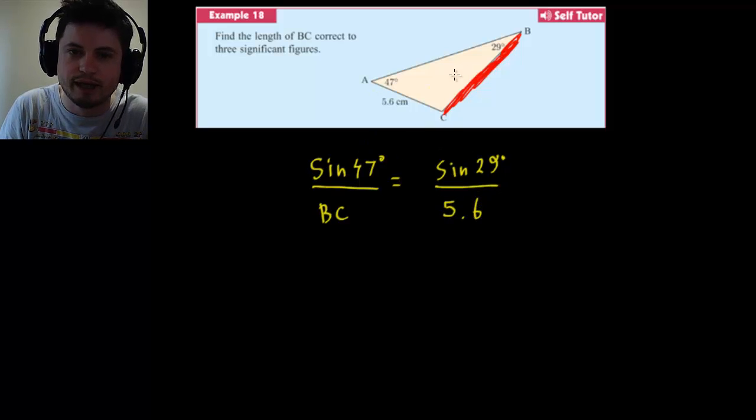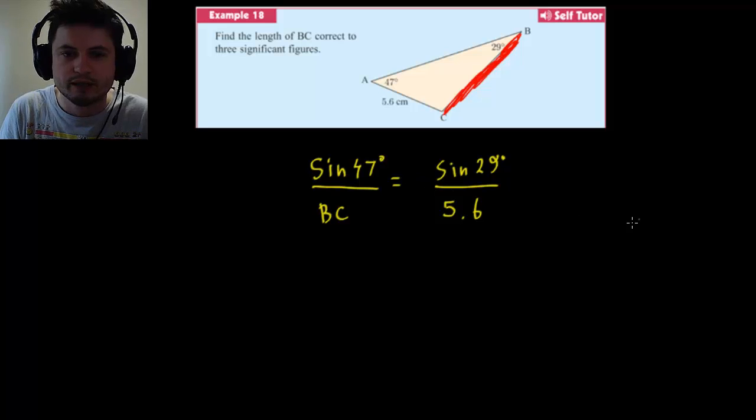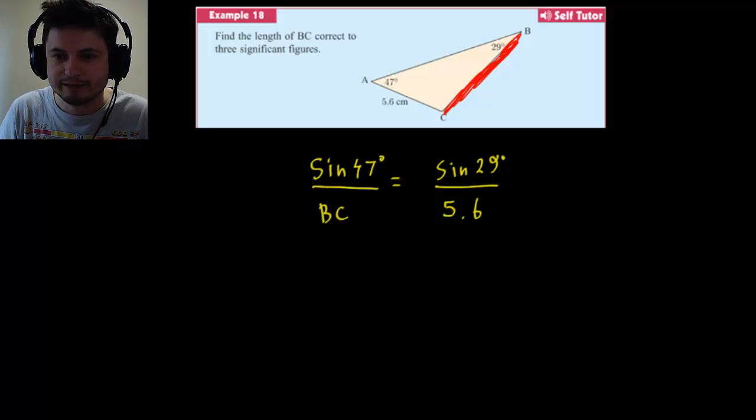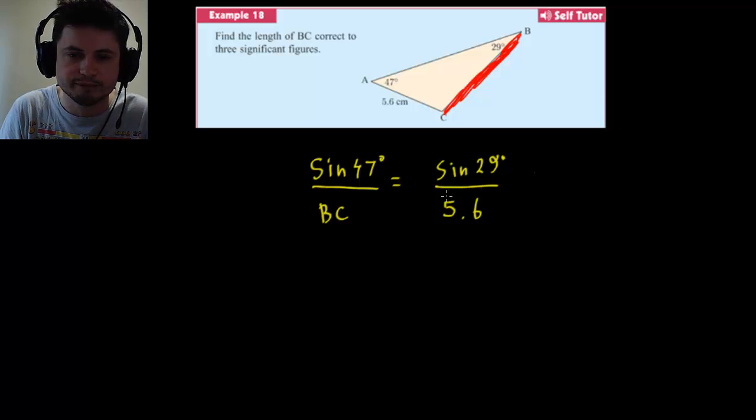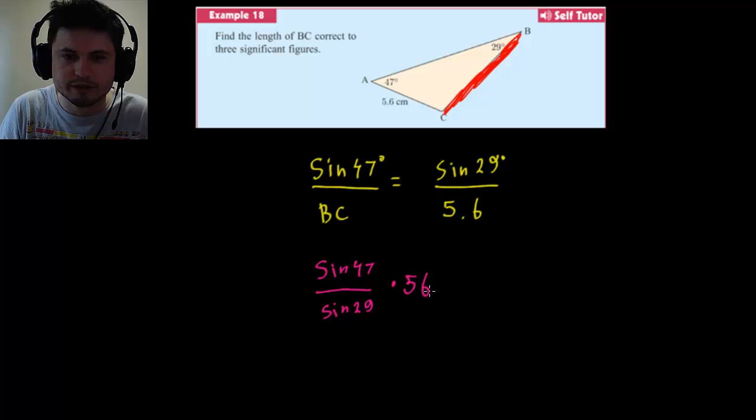So the sine of the angle divided by the opposite side is constant. Here we don't know what BC is, so we're looking for BC. Let's rearrange this formula so BC is isolated. So sine 47 divided by sine 29 times 5.6 will give you BC.